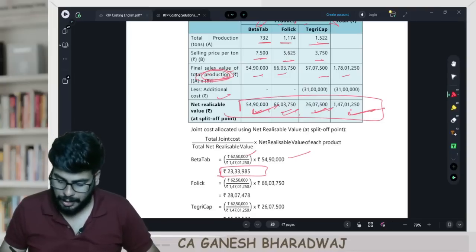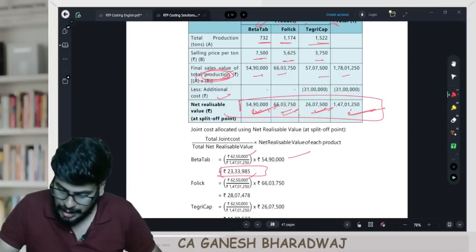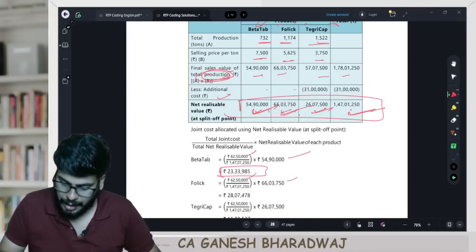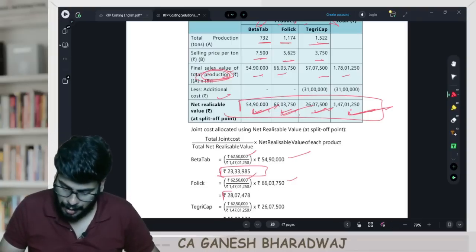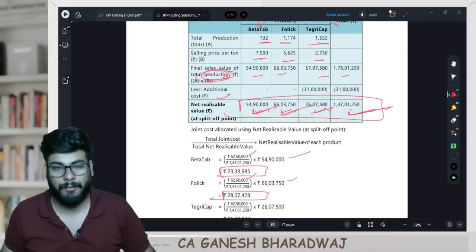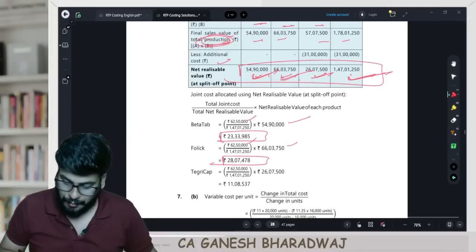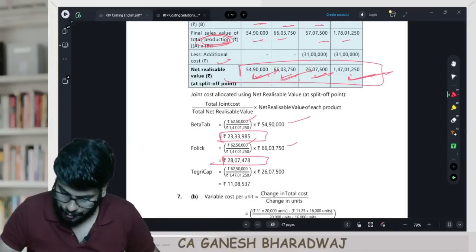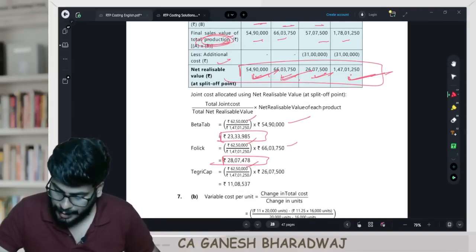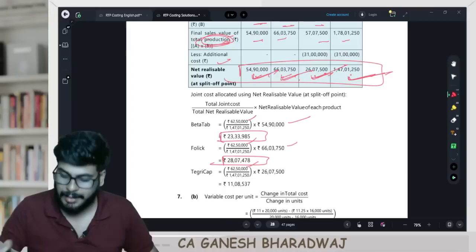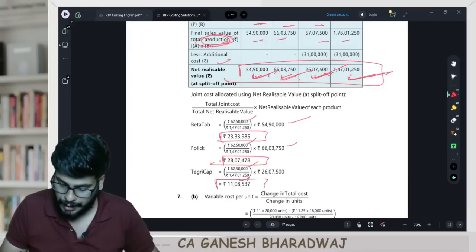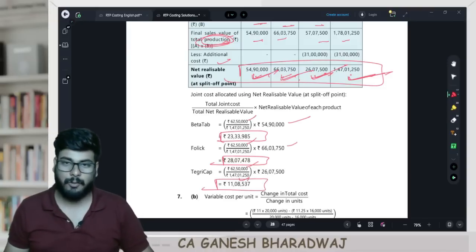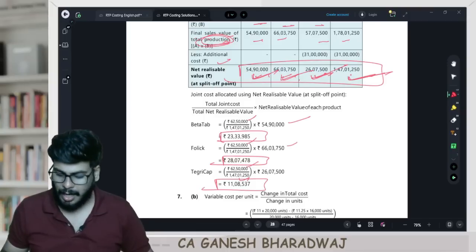Similarly, for the second, it's going to be 62.5 lakhs into 66,03,750 upon 147,01,250. That's going to be how much? It's going to be 28,07,478. And finally, for the third, it's going to be 62,50,000 into 26 lakh 7,500 upon 147,01,250. That gives you a total of 11 lakh 8,537. Are you clear with this?